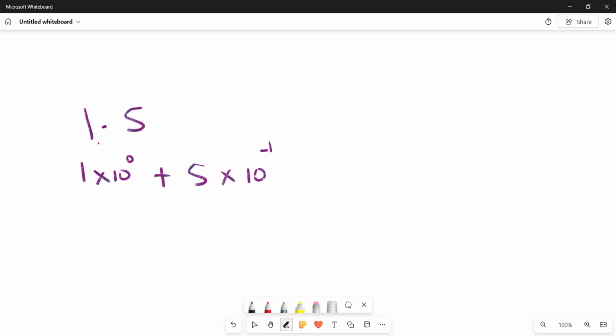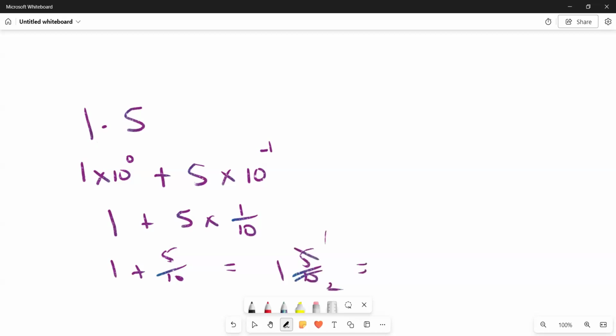The place value of the 5 is 1/10, or 10 to the negative 1. So this one is 1, since 10 to the 0 is always 1, plus 5 multiplied by 1 over 10, which is 1 plus 5 over 10, which is 1 and 5 over 10. And you reduce this by 5 and you get 1 and a half.